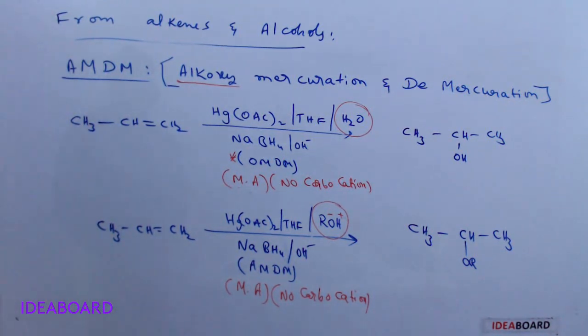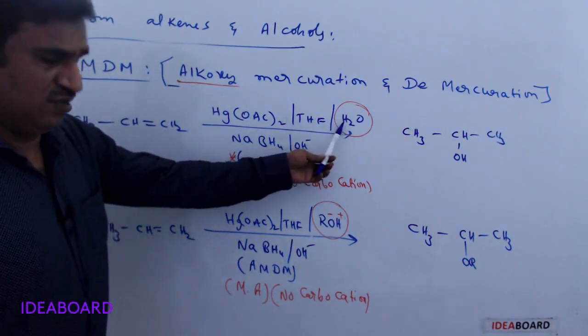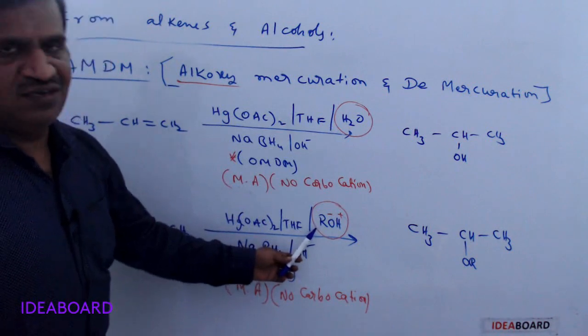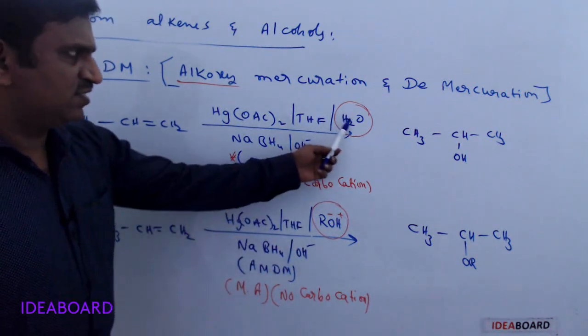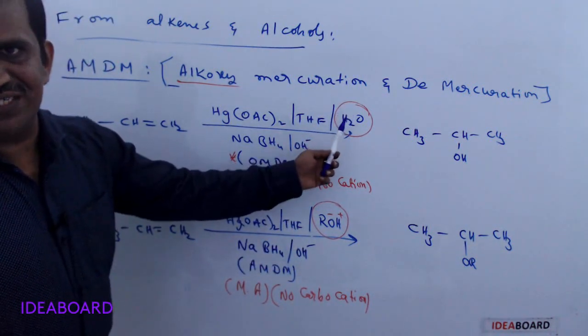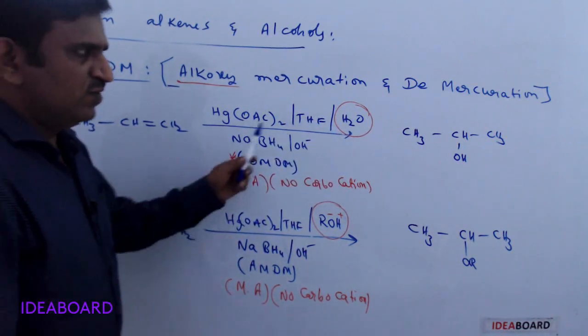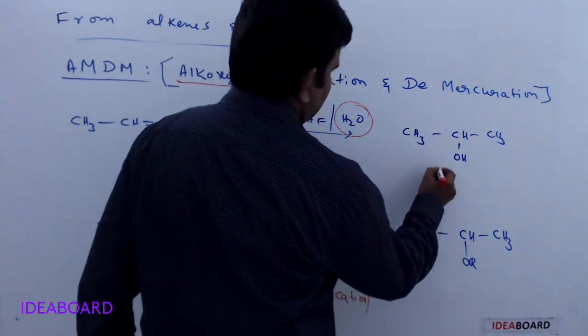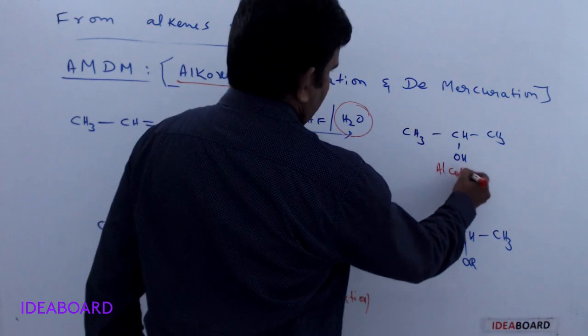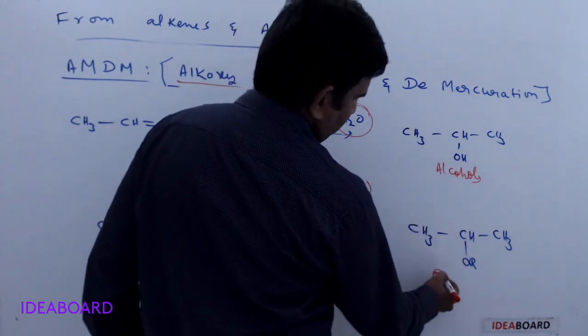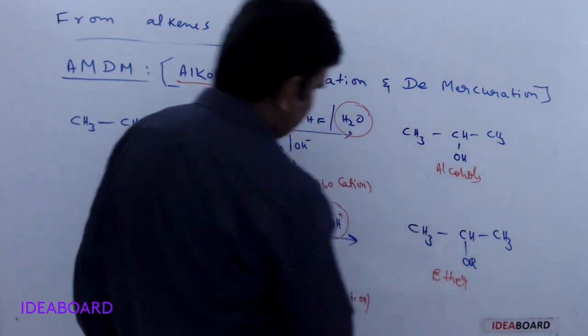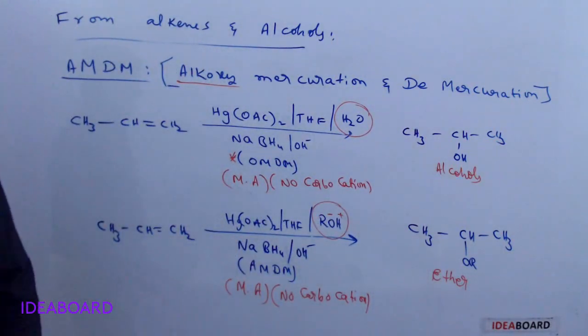So please remember, the main difference is that instead of taking water, we are taking alcohol. If water is taken, this is oxymercuration, demercuration only. We will get alcohols here. By taking water, alcohols are formed, but by taking alcohol here, we are getting ethers.